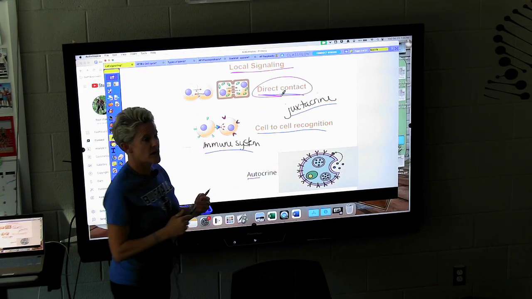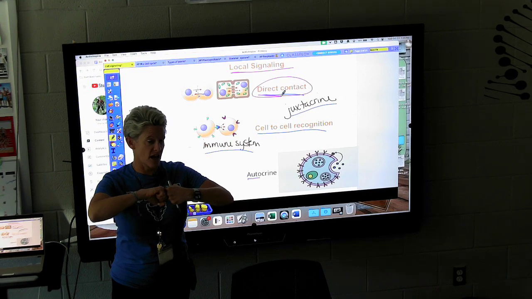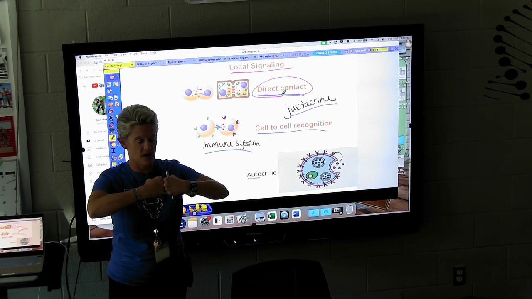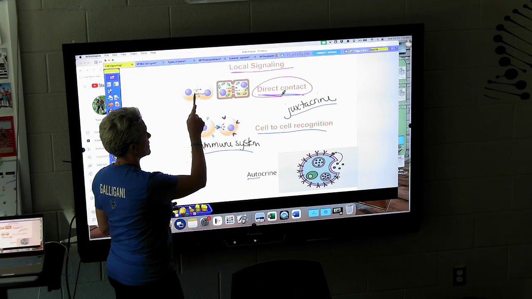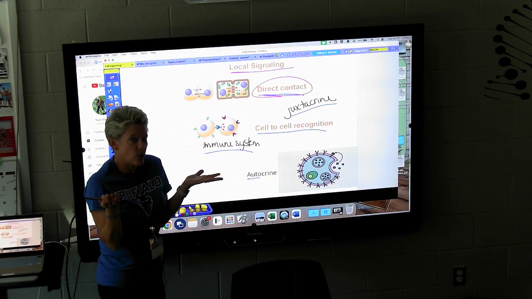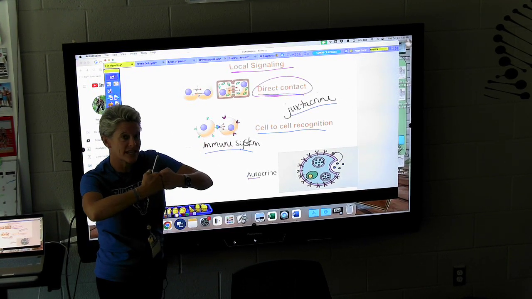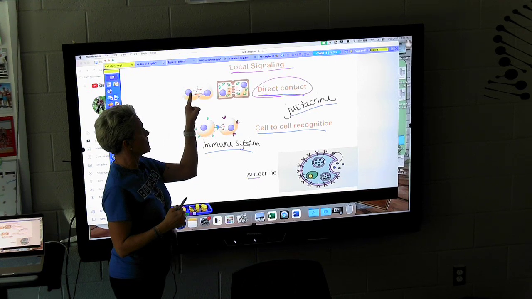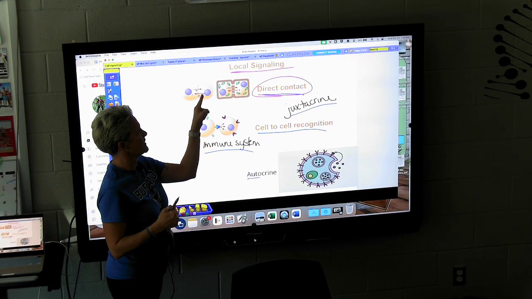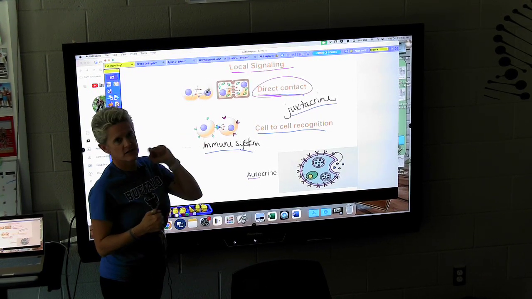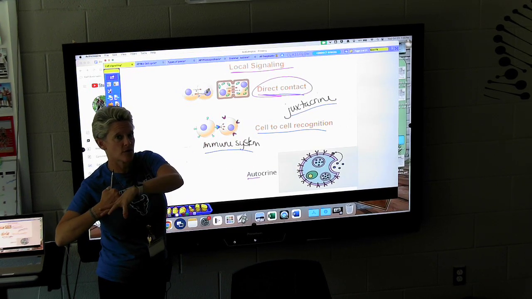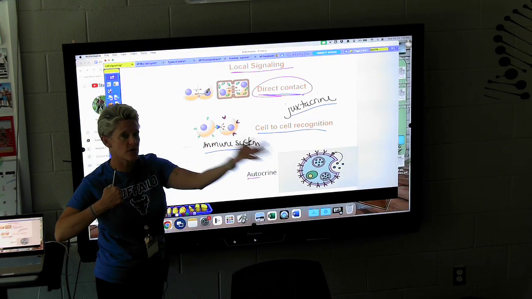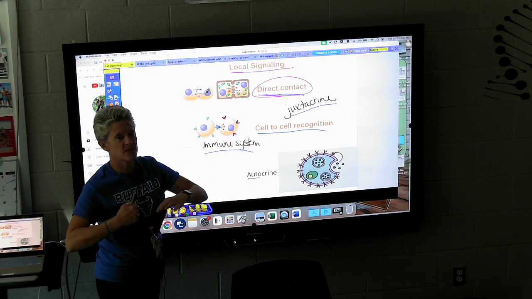All right, so here's the direct contact. Cells can be in direct contact, and they don't have to constantly be in direct contact, but somehow they touch each other. In an animal cell, the cell membrane has pores, right? Those pores can line up, and it can send a chemical messenger from one cell to the other. Those protein channels can line up and allow messengers to flow back and forth between the two cells.